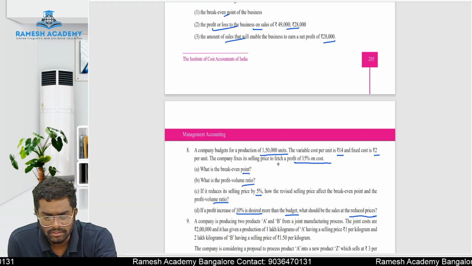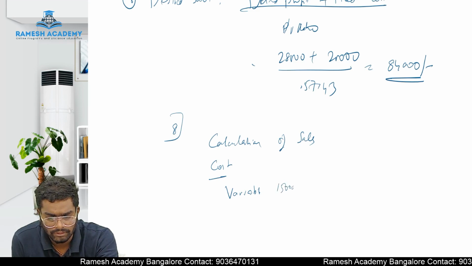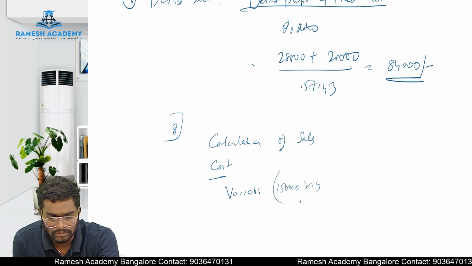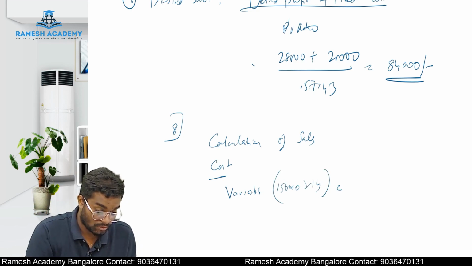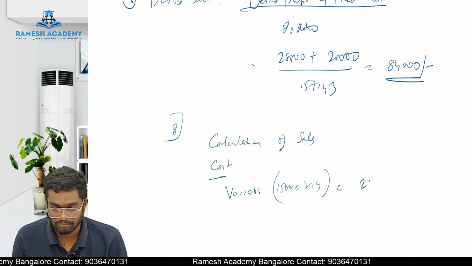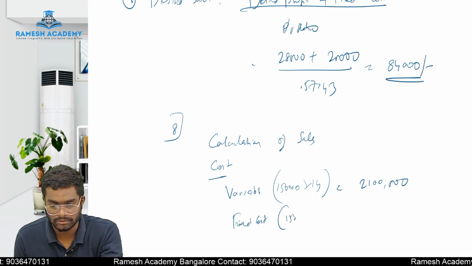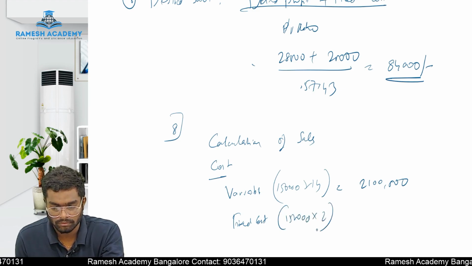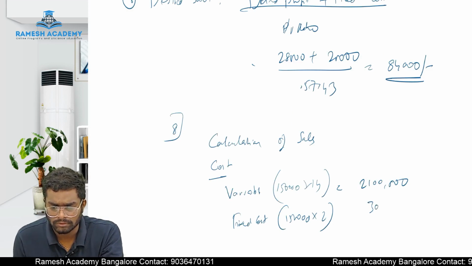What is the variable cost? 14 per unit, 1,50,000 into 14, which is 21 lakh. Fixed cost is 2 rupees per unit, so 3 lakh.